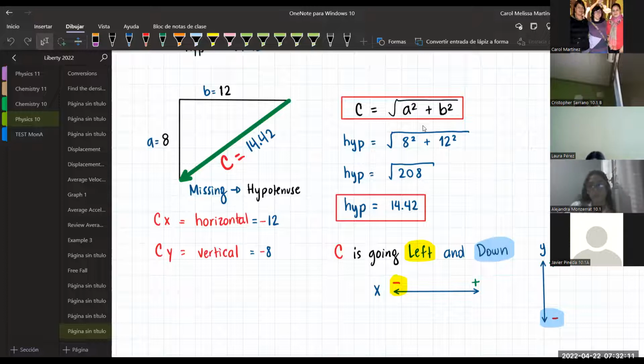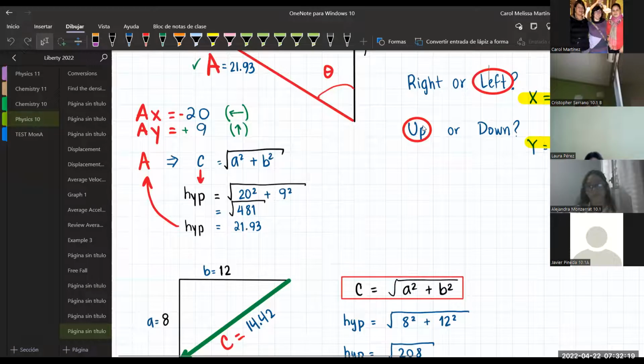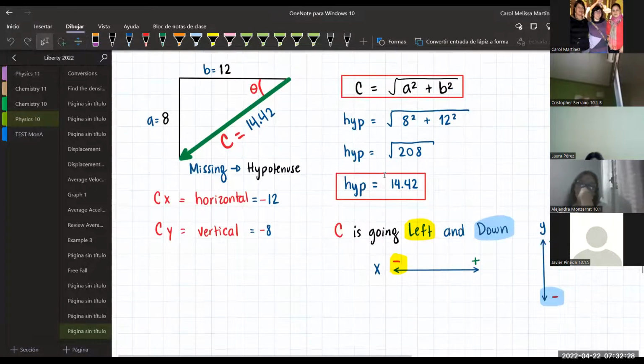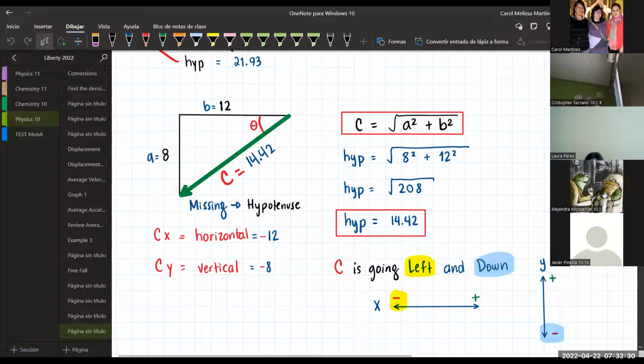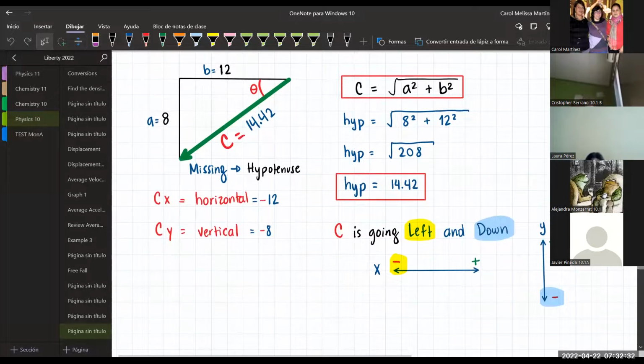Now, let's analyze one more thing. Let's say that this is the angle that I give you. Now we need to identify what side is opposite to the angle and what side is adjacent to the angle.